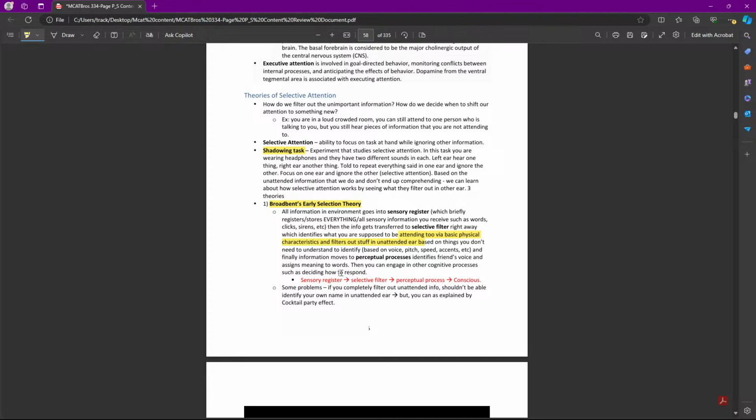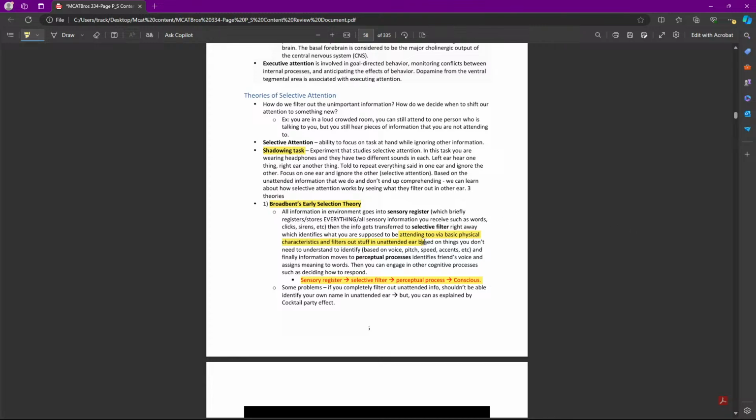And finally, information moves to the perceptual processes, identifying familiar voices and assigning meaning to words. Then you can engage in other cognitive processes such as deciding how to respond. So this would be the sequence for this theory: sensory register, selective filter, perceptual process, conscious.